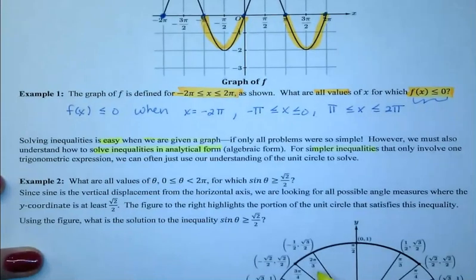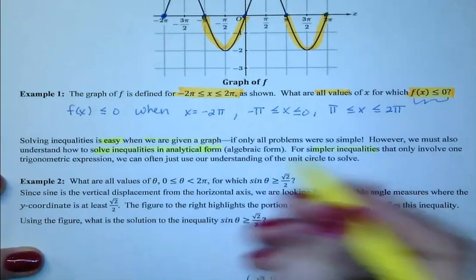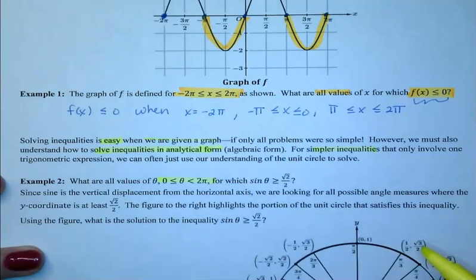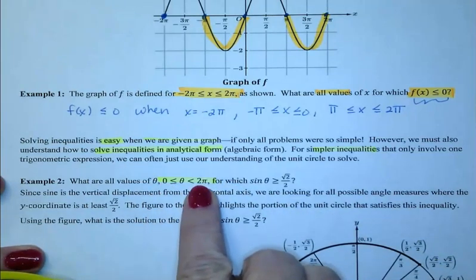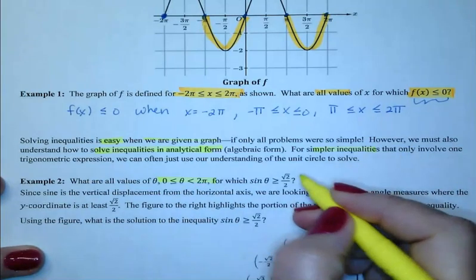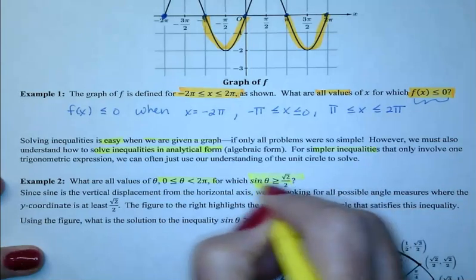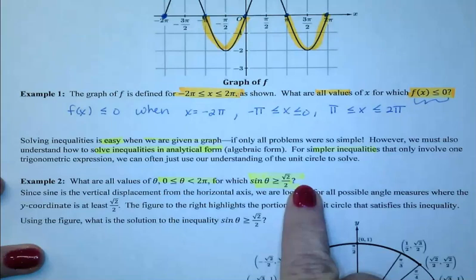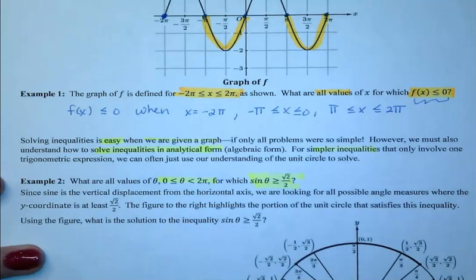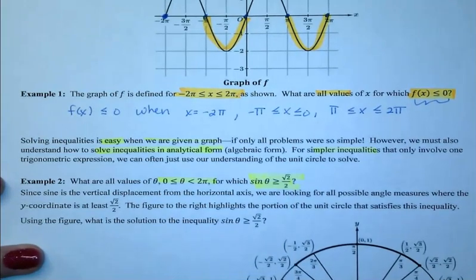For example, example 2 says, what are all values from 0 to 2 pi? Notice this time we can include 0, but what can we not include? 2 pi is not included this time, for this expression right here. So when the sine function is greater than or equal to root 2 over 2. So remember that sine is the vertical displacement from the horizontal axis.